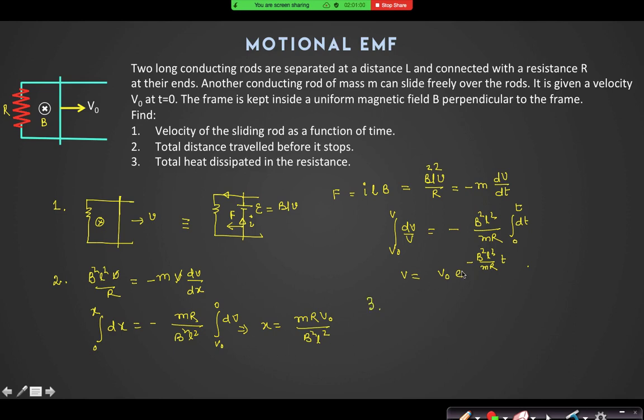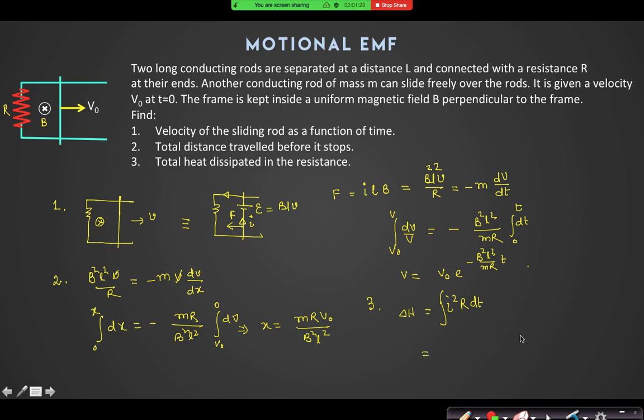Number 3, total heat dissipated in the resistance. You can do it in two ways. Either you integrate this one, I square R dt. You know the function of current with respect to time, right? Because current is equal to BLV by R, and you know the velocity.